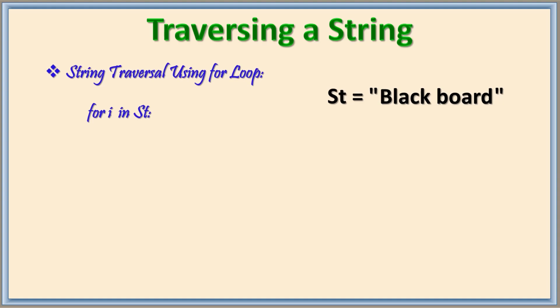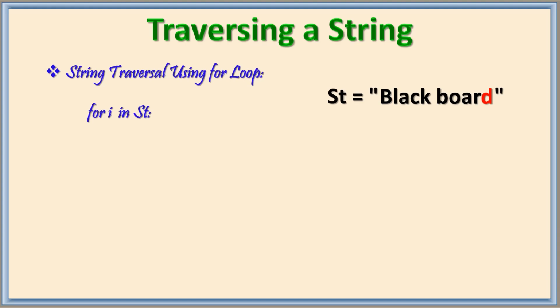When the for loop starts, I becomes each character of the string. Here when the for loop runs for first time, I will take b as its value. When for loop runs for the second time, it will take L. Similar way it will be traversing from the beginning to the end, that is from left to right side. When all the characters in the string get over, automatically the for loop stops.